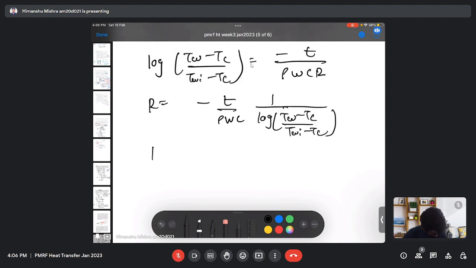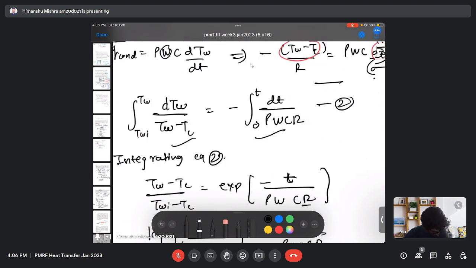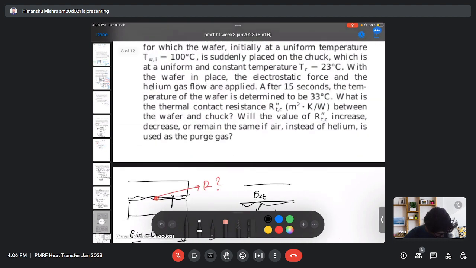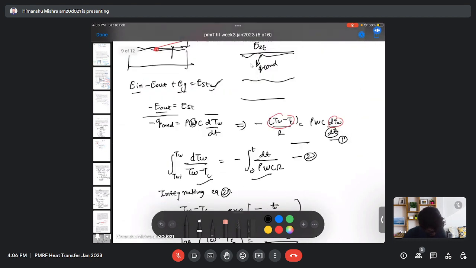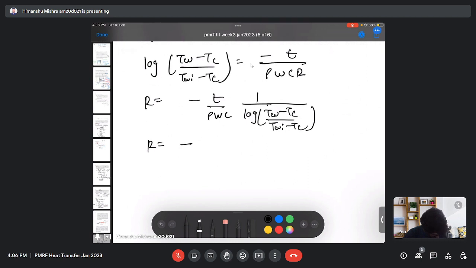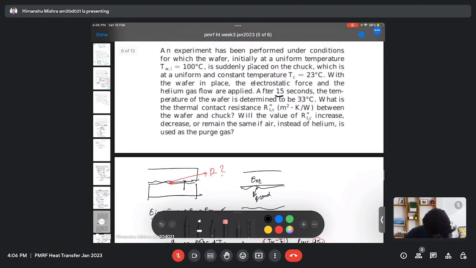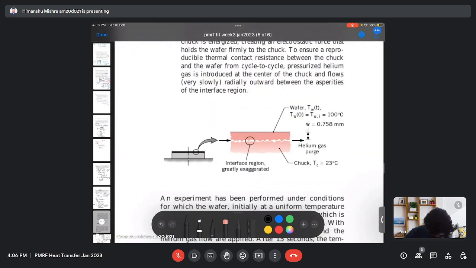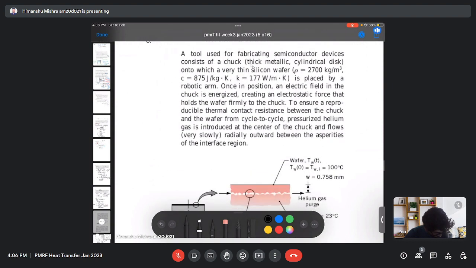We just need to put the values here. The time is given as 15 seconds, and the density is 2700, the thickness is 0.78 times 10 to the power minus 3, and the heat capacity is 875.